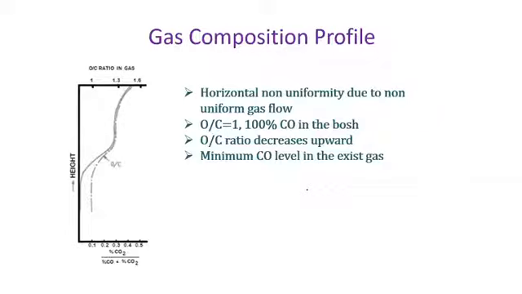Next, let's discuss the gas composition profile inside a blast furnace. Variation in gas composition is observed in the vertical direction as well as the horizontal direction, as we have discussed. Horizontal non-uniformity may be attributed to non-uniform gas flow through the burden. Why is there non-uniform gas flow inside the burden?